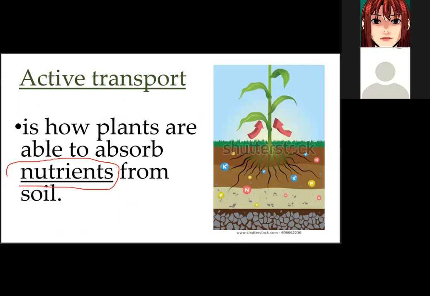Fertilizers such as nitrogen, potassium, and phosphorus. These are some of the nutrients. Not just the water, but also nutrients from the fertilizer. This is also important for the plants to grow. So active transport and osmosis.